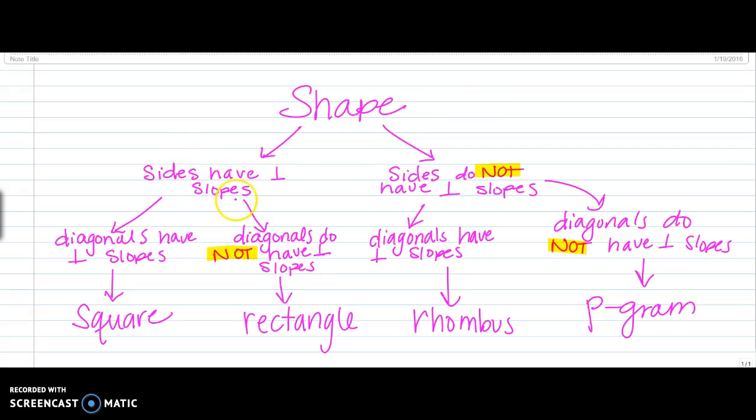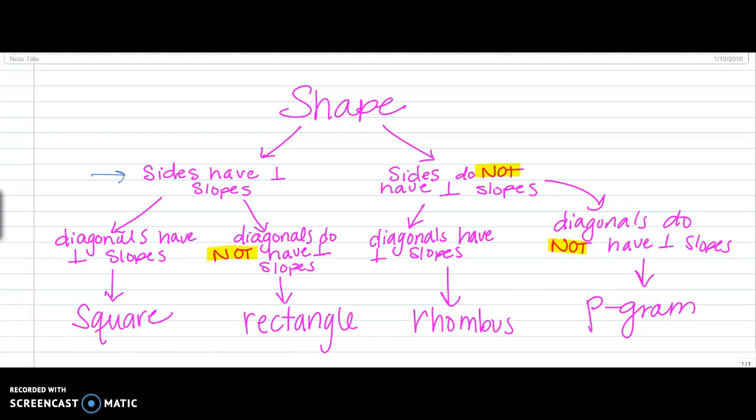Do your sides have perpendicular slopes, or do your sides not have perpendicular slopes? In our first example, they have perpendicular slopes. So right now, we have narrowed our shape down to either a square or a rectangle because those four corners are 90 degrees. They're right angles. They cannot be a rhombus or parallelogram.